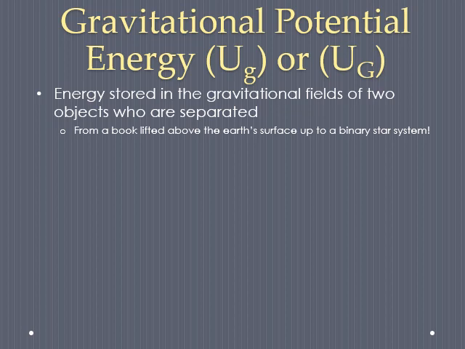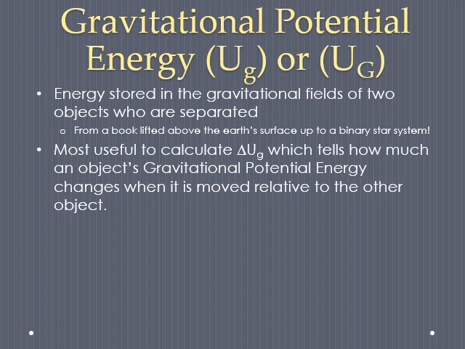You can have a little tiny amount of gravitational potential energy, for example, a book that you're lifting above the Earth's surface, or you could have a lot if you had two huge objects separated by a big distance, like a system of binary stars. There actually is an equation to calculate gravitational potential energy generically of any object in the solar system.